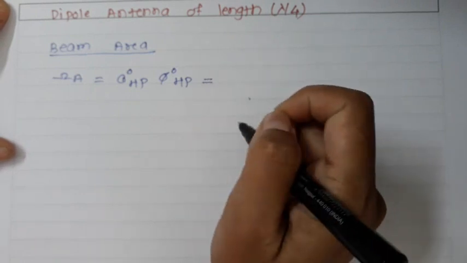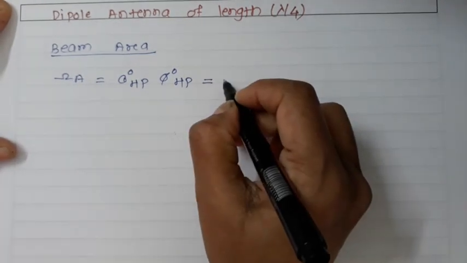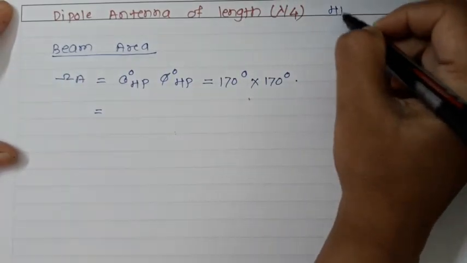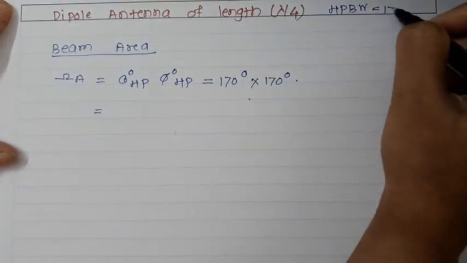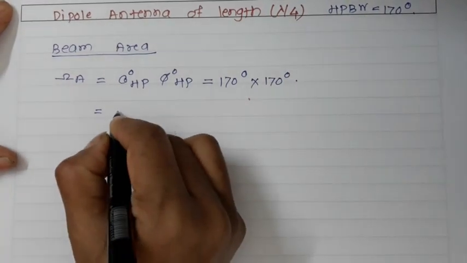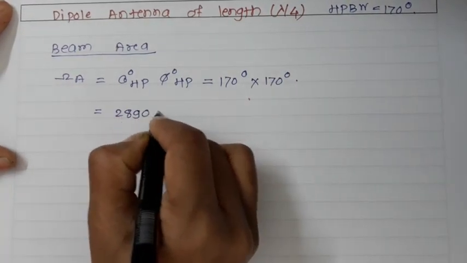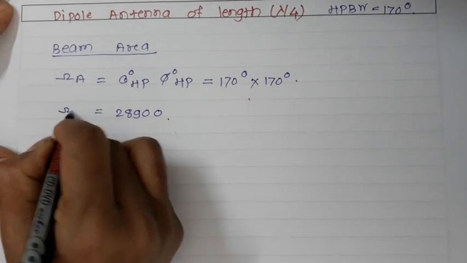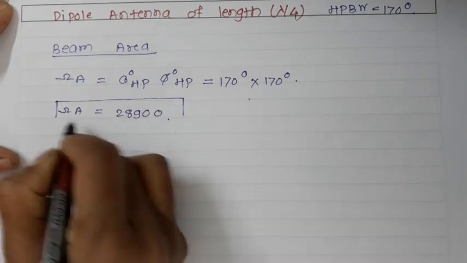Here the half power beam width for this lambda by 4 antenna we have observed as 170 degree. So the beam area is 170 degree into 170 degree. First I write the half power beam width is equal to 170 degree, and the value I have observed is 28900.